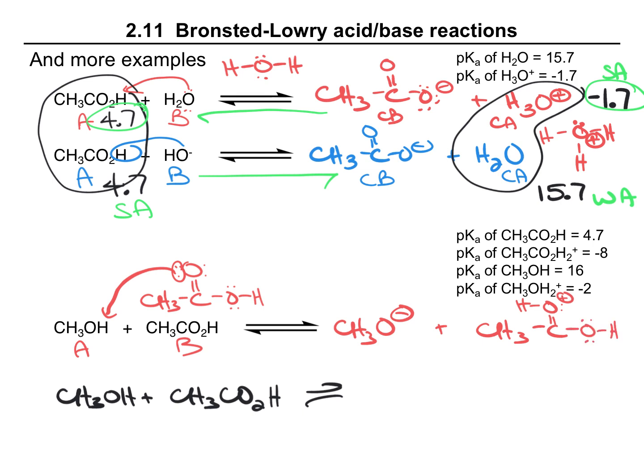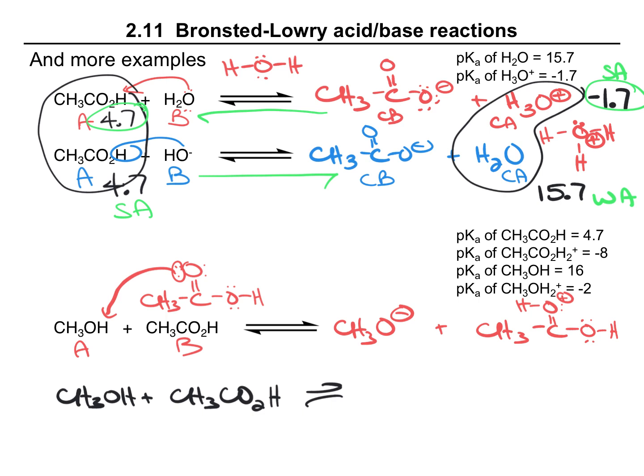And this is stabilized by resonance. So we could draw another resonance structure. If you had this acting as the base, then you wouldn't be able to draw another resonance structure. So that's one way that we could tell which of these two is going to be acting as the base.